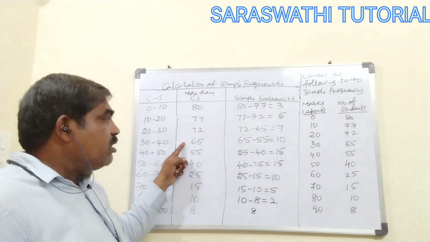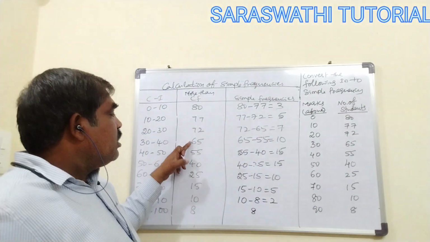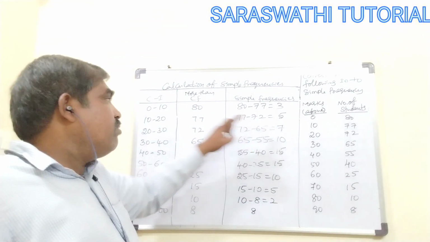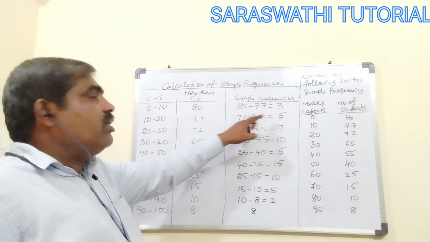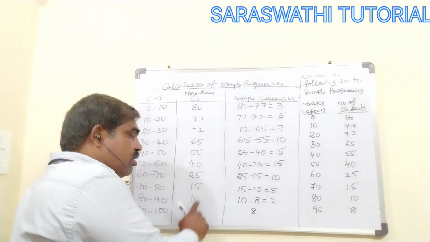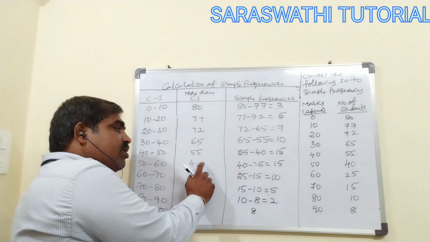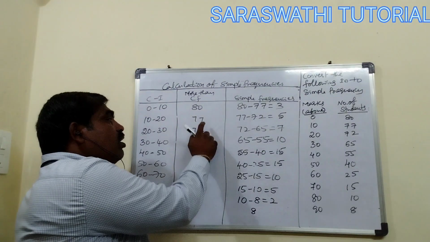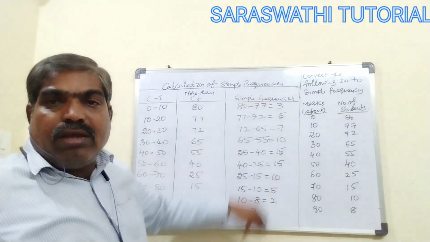Then 72 minus 65, 7. 77 minus 72, 5. 80 minus 77, 3. Like that we have to calculate all the frequencies: last one 8, 10 minus 8, 15 minus 10, 25 minus 15, 40 minus 25, 55 minus 40, 65 minus 55, 72 minus 65, 77 minus 72, 80 minus 77. These are the simple frequencies.